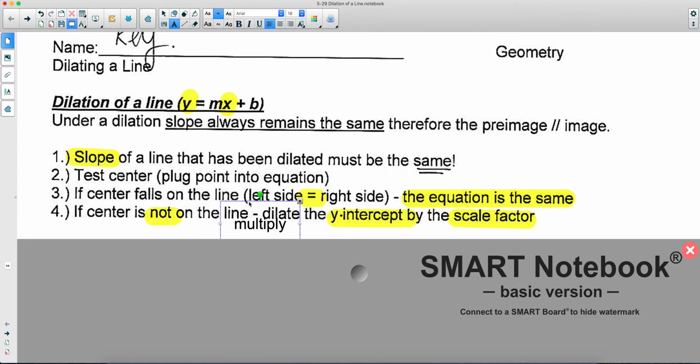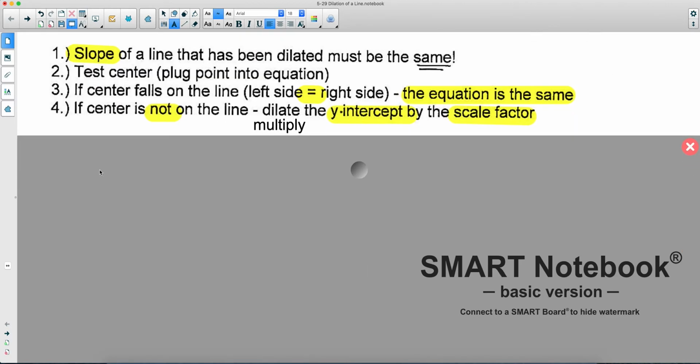It's a lot of testing and just following a series of steps. This is basically the lesson in itself, 4 steps. Putting it all together and figuring out what the question is asking is how we apply these steps. So let's take a look at an example.